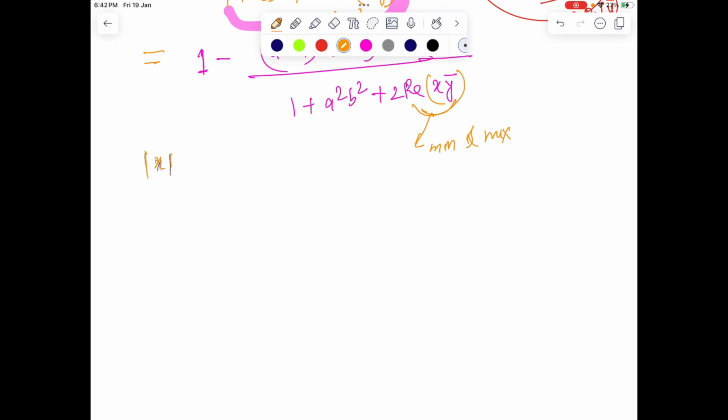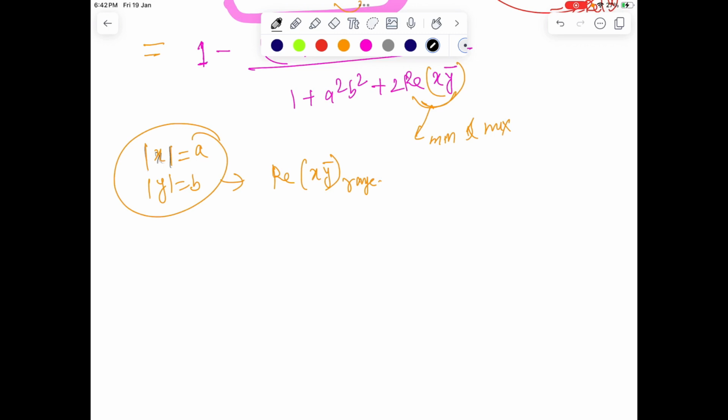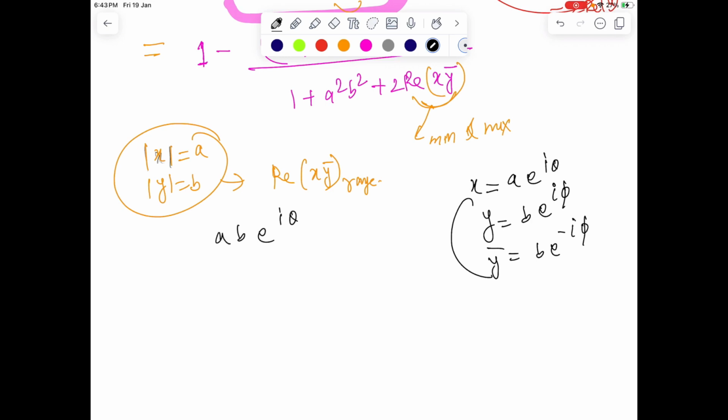Okay, so let's see. If we have magnitude of x equals a and magnitude of y equals b, what will be the range of the real part of x y bar? If we can find this, we are done. Can you comment on this? So x we can simply take as a e to the power i theta, and y as b e to the power i phi. Then what is x y bar? y bar is going to be b e to the power minus i phi, right?